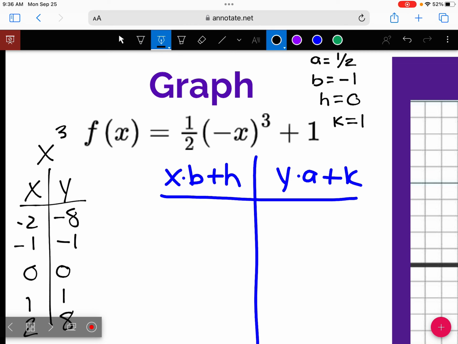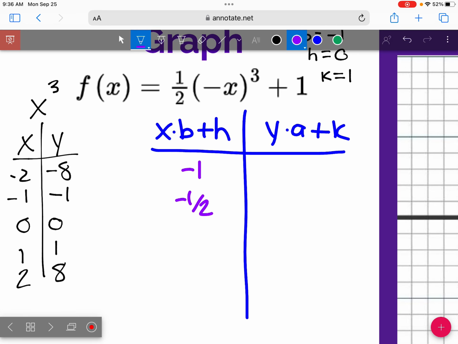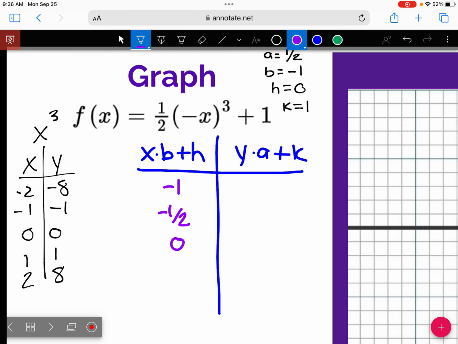So we're going to do our x's times our 1/2. So, chunky marker. I have -1, -1/2. -2 times 1/2. Oh, yes, you're right. Never mind. Totally using the wrong one. I was doing my a.